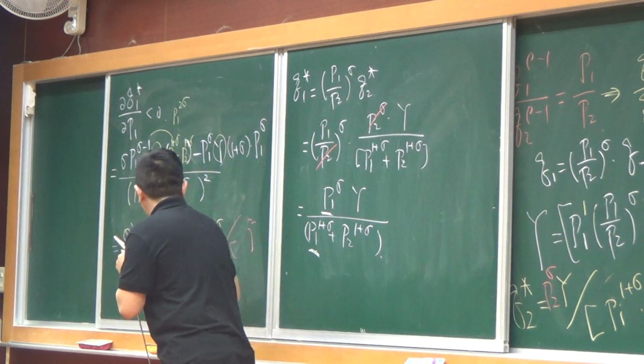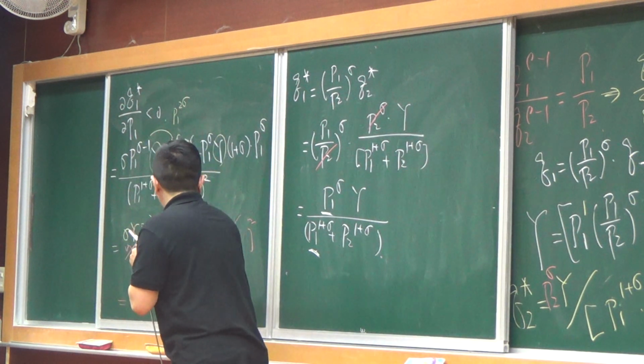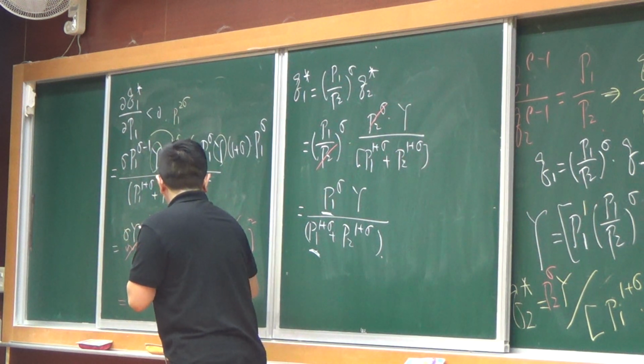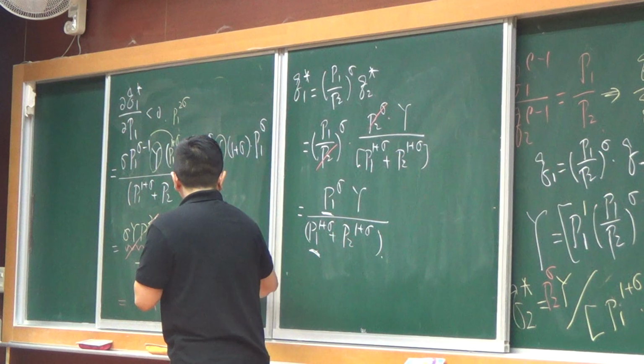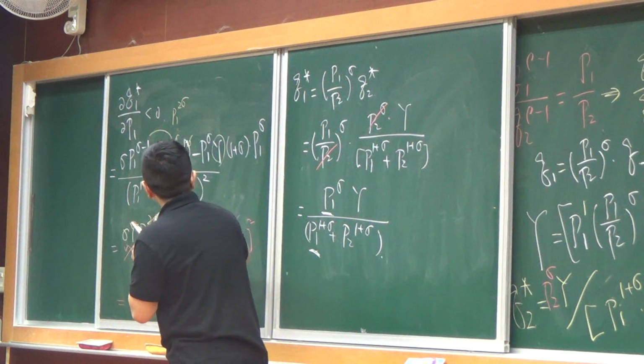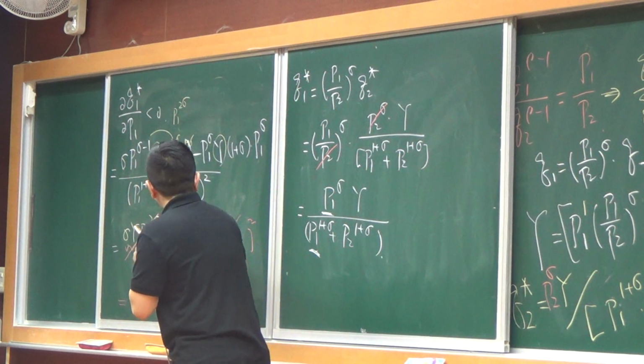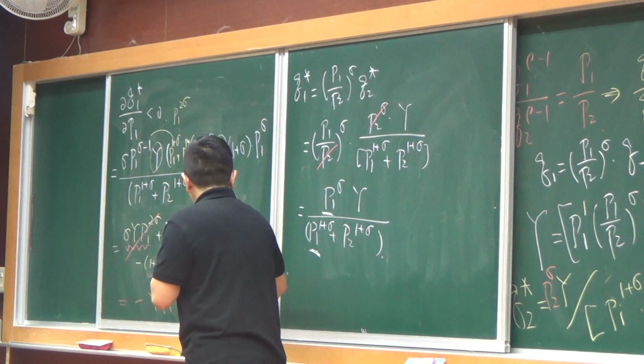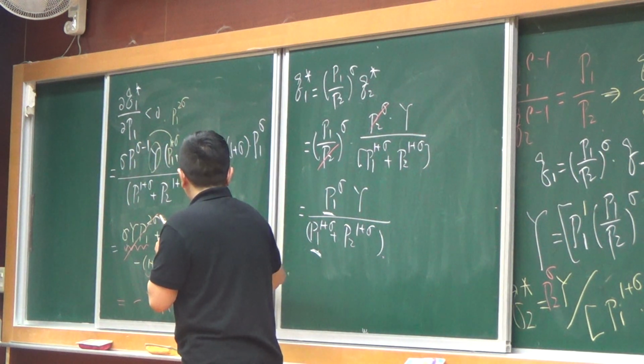Plus sigma y P1 sigma minus 1 P2, sorry, this should be P2, right, P2 to the power of 1 plus sigma.